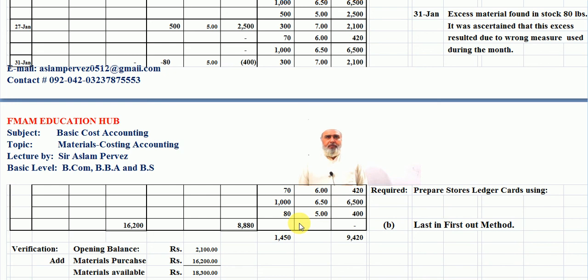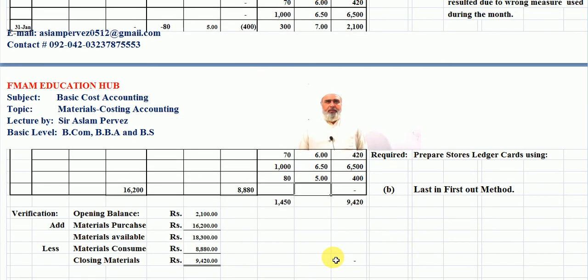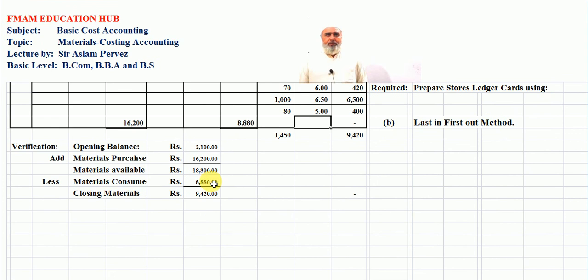which is showing we have a current 1450 pounds of materials, against which the amount is 9,420 rupees here. Students, you are looking: our closing inventory amount is 9,420 rupees, and in the verification system the closing material inventory is 9,420 rupees here.